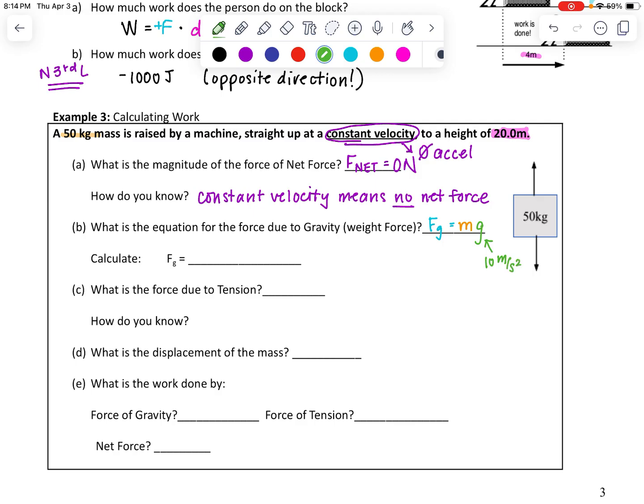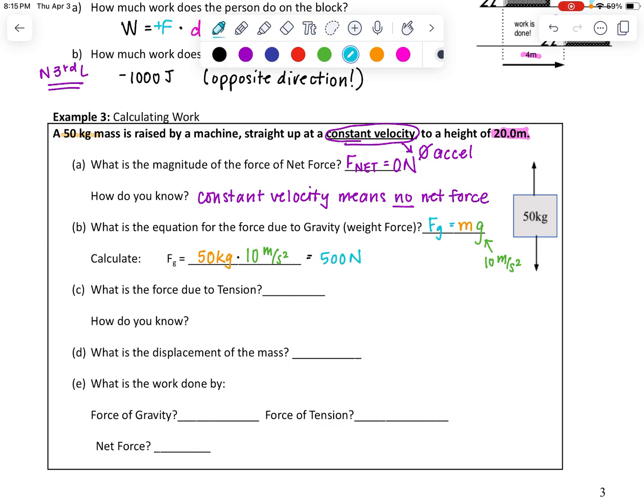You could use 9.8, it's fine too, that's actually more accurate, but remember we said we're going to use 10. So now when we calculate it, my mass, up there it said 50 kilograms, we multiply by 10 meters per second squared. This gives us a force of, I'm going to write it in blue because it's a force, 500 newtons.